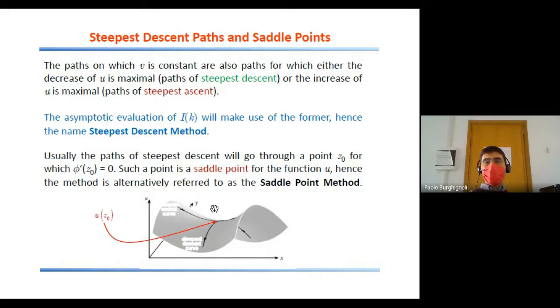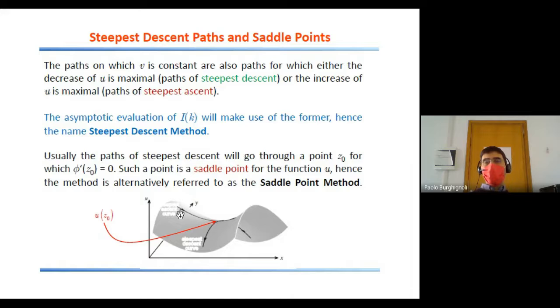So the shape of a neighborhood of the saddle point is the one depicted here, in which you can see the point z0 is here at the vertex of two intersecting parabolic contours, in which if you follow one of those contours, the point is a local maximum.